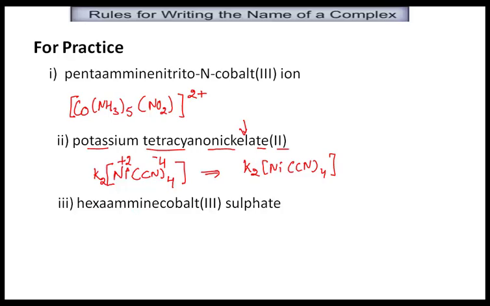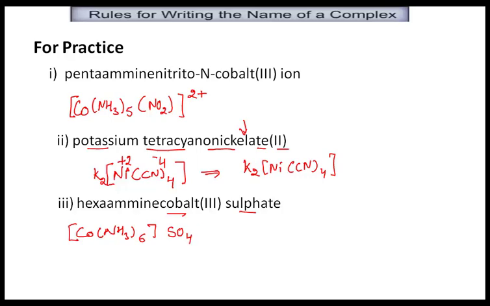Hexaamminecobalt(III) sulfate. Now the counter ion is on the right side, that means the complex will be cationic. How to write it? Again, first of all we write a square bracket and select the central atom, cobalt. How many times? It is hexaammine, that is NH3 6 times. And then sulfate, SO4.